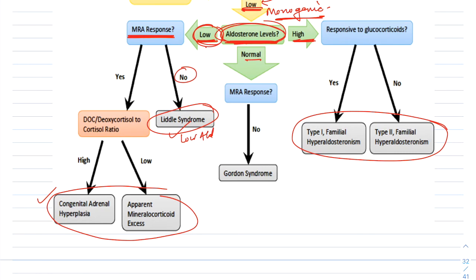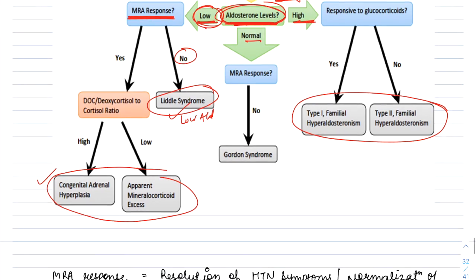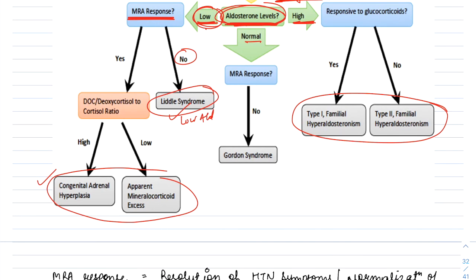But if MRA response is present, that is, action of mineralocorticoid receptors is there on the hypertension, we next check the deoxycortisol to cortisol ratio. Remember, the deoxycorticosterone or deoxycortisol is increased in CAH. Okay, so congenital adrenal hyperplasia is the answer when increased deoxycorticosterone or increased deoxycortisol occurs.